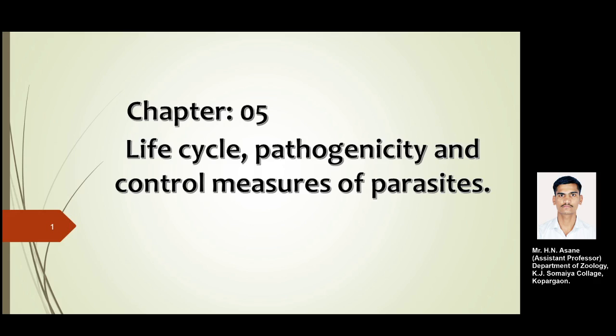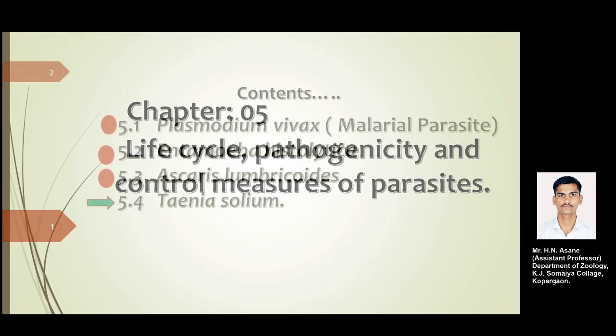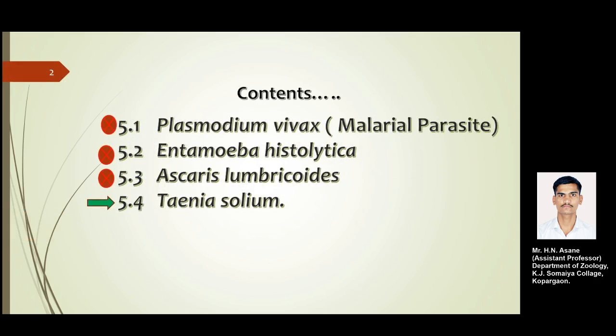In that we have already started with chapter 5, life cycle, pathogenicity and control measures of various parasites. In that we have completed Plasmodium vivax, that is the malarial parasite, Entamoeba histolytica and Ascaris lumbricoides at the last session.